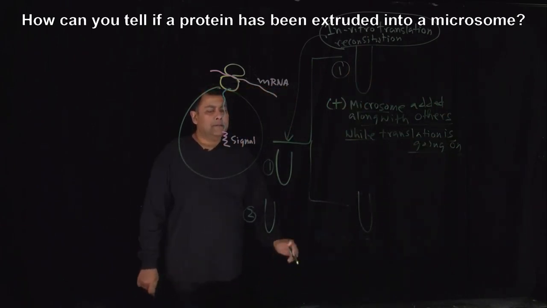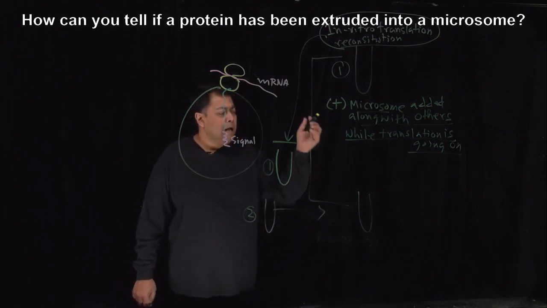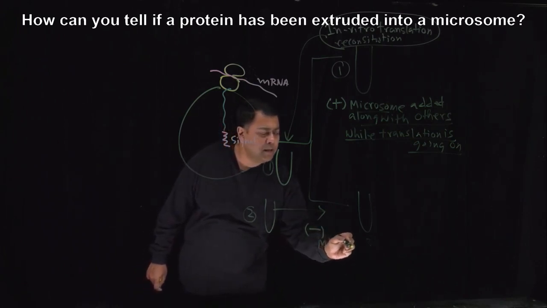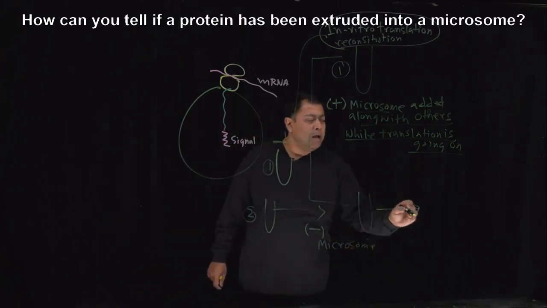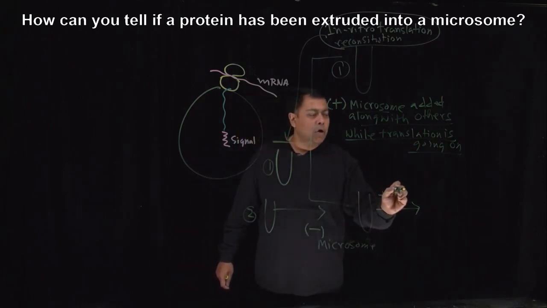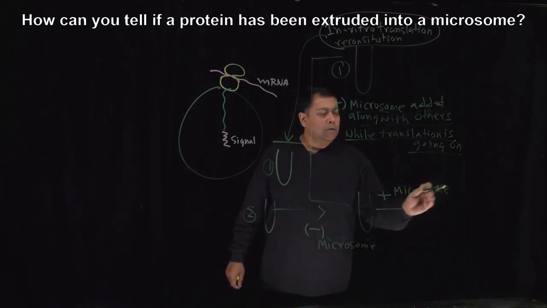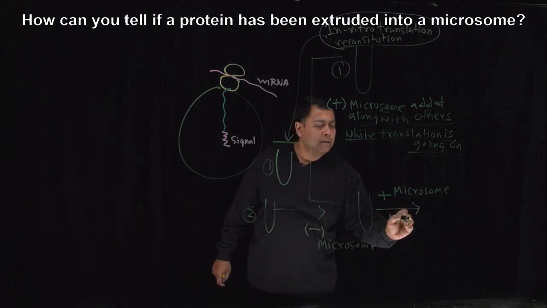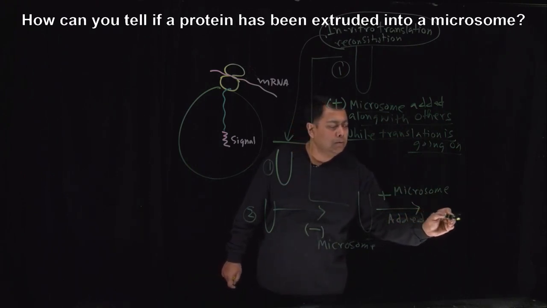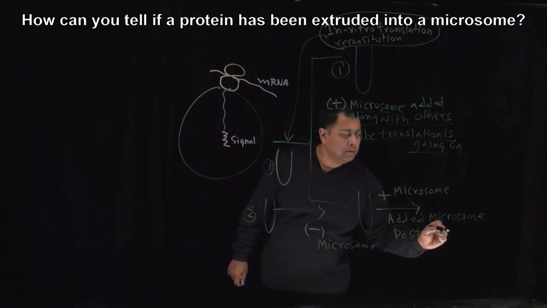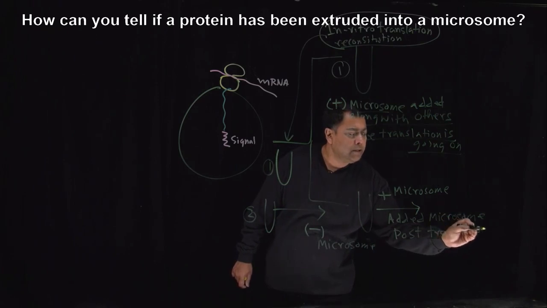On the other hand, in the second tube, you do the translation minus microsome, just like the previous experiment like Gunther Blobel's, and then after the translation is going on, you add the microsome. So this is what we call adding the microsome post-translationally, after the translation.